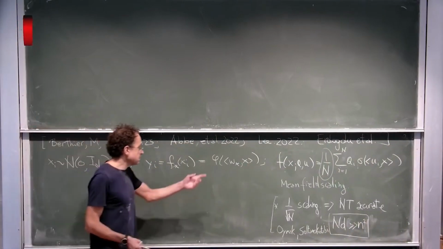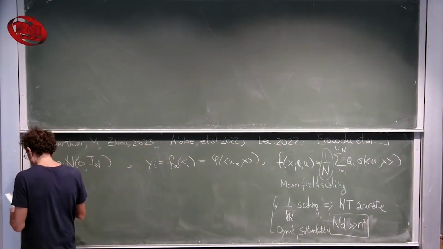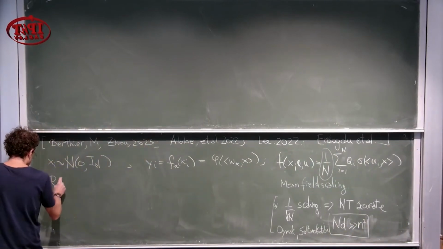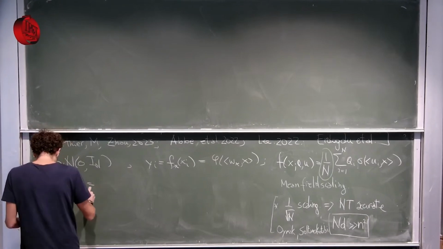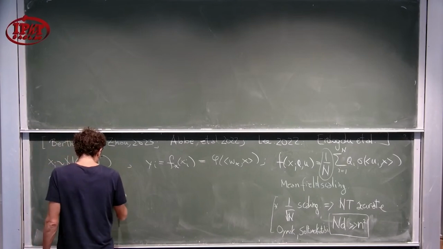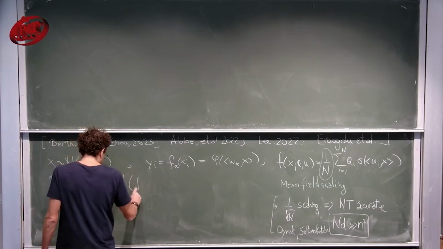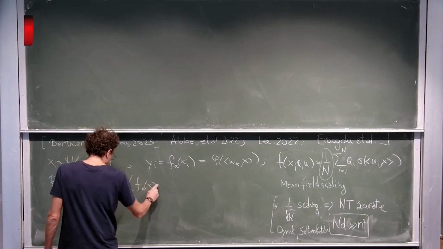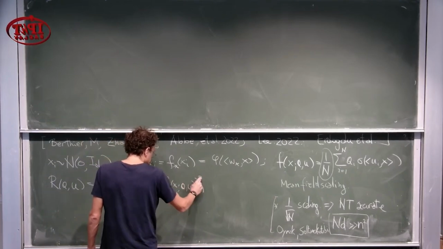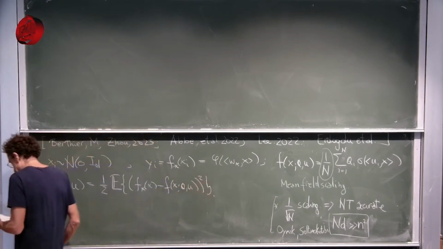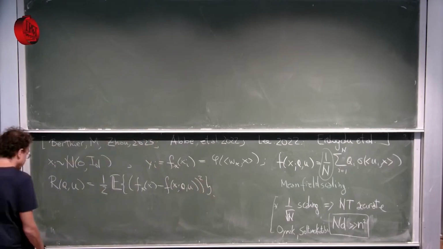I'm going to look at this function class, and of course the population risk will be a function of mu. This is 1/2 of the expected squared error. And then I look at projected SGD.